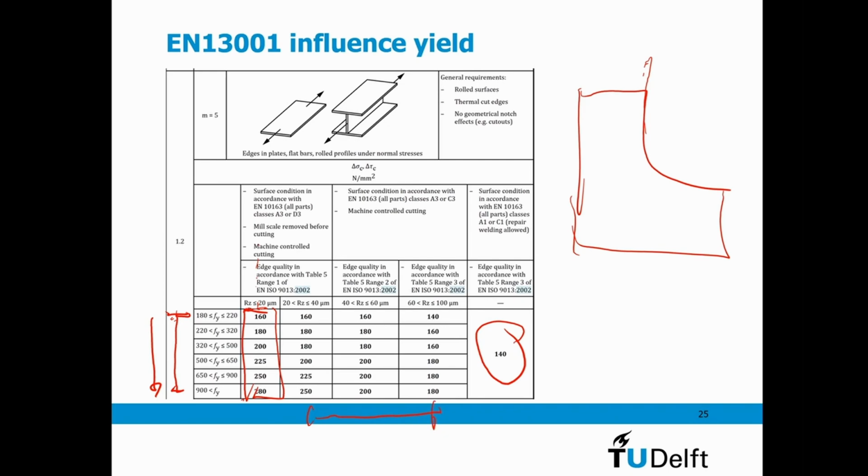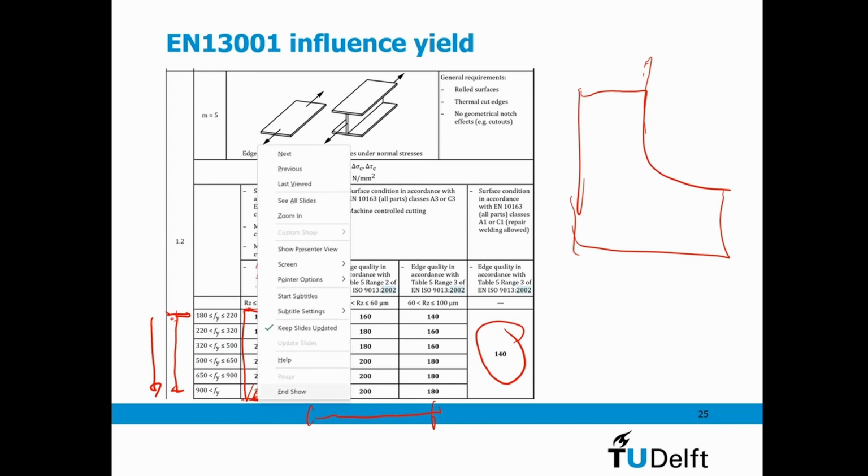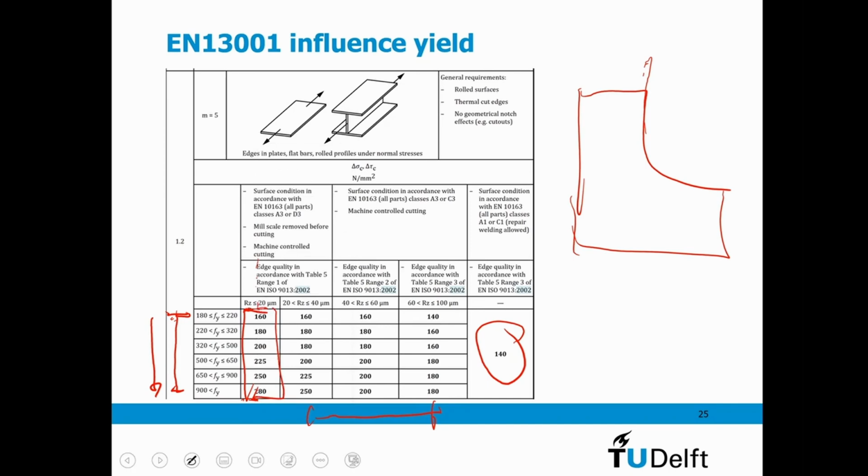Yeah, so if I want, or put it the other way around, if I want to take into account the higher fatigue resistance of non-welded steel types, I need to make sure that my surface quality is under control as well. Because I can use for yields of, let's say S690, so that is then this one, I can use a fatigue limit of 250 if my plate is nice.